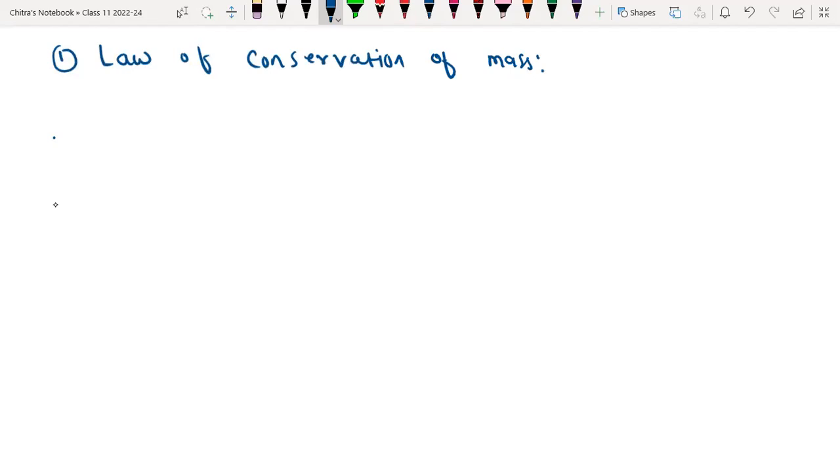The name itself has its definition. See, it is conservation, which means whatever we have is going to be constant; it is not going to change. And what is not going to change here? The mass. We have the definition here.